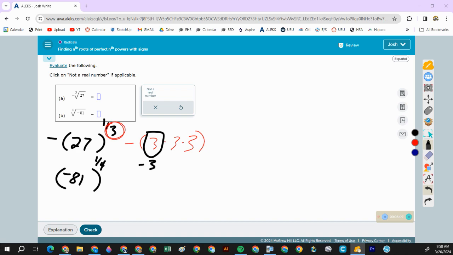Okay? And here, it wants to know what number times itself times itself times itself, and I take one of those, is negative 81. Well, if I put negatives in there, it's 3, negative 3, negative 3, negative 3.